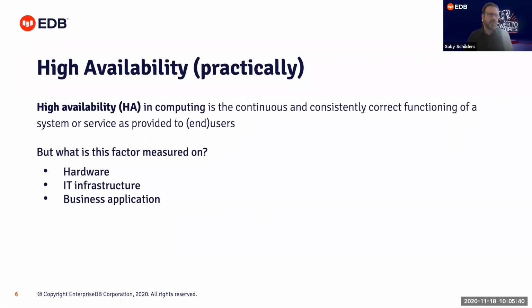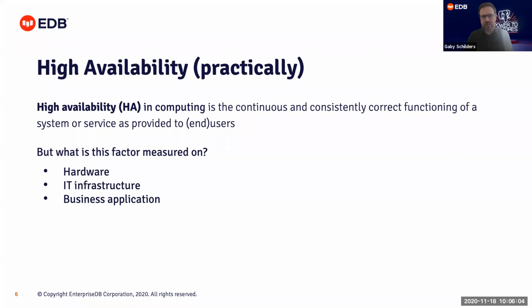Or are you in the end just interested in how available the business application is? So the end-to-end availability of an application. All of these have their own way of looking at what is important. And we'll get back to those measurement criteria later on in the slides and the discussion afterwards.